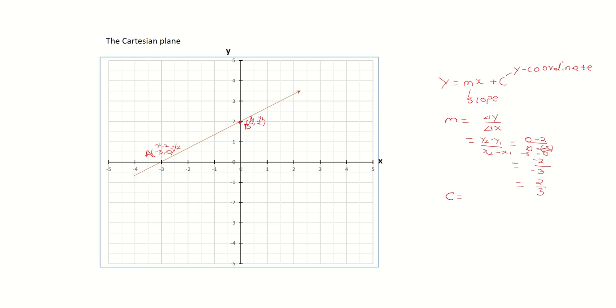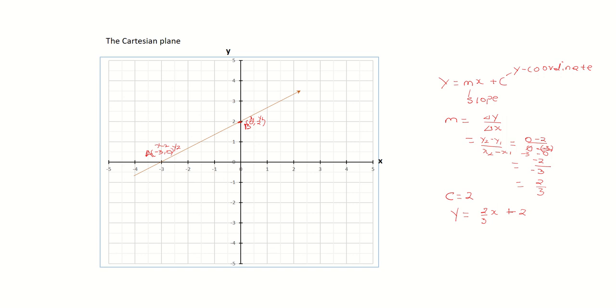So it's at y equals 2. That's our c. Our c is equal to 2. So we have that y equals 2 over 3 x plus 2. And that is the equation of our straight line.